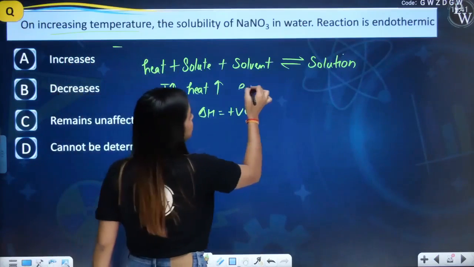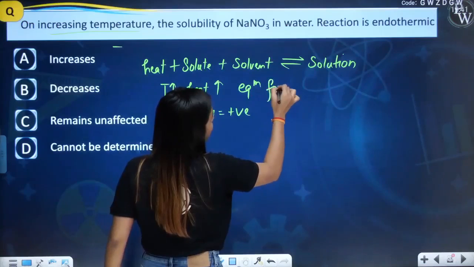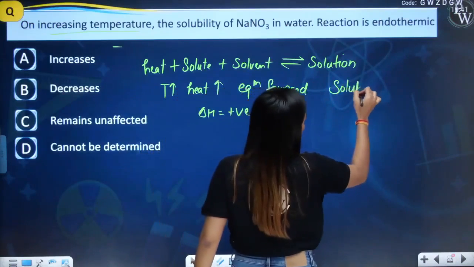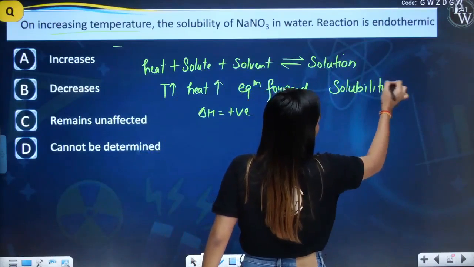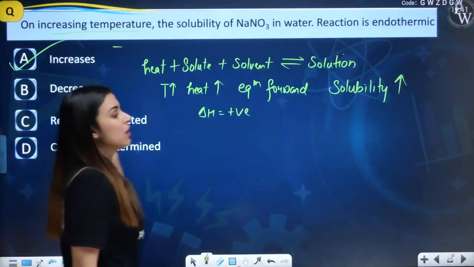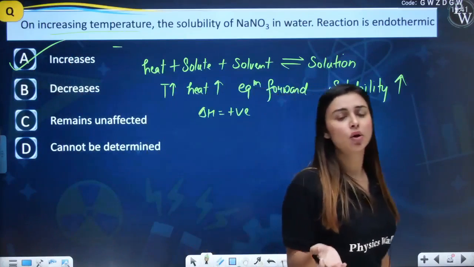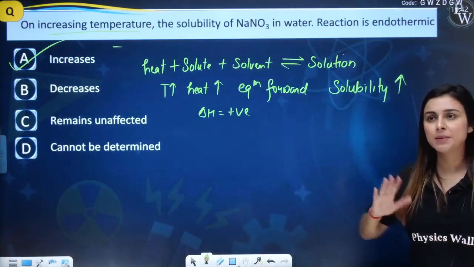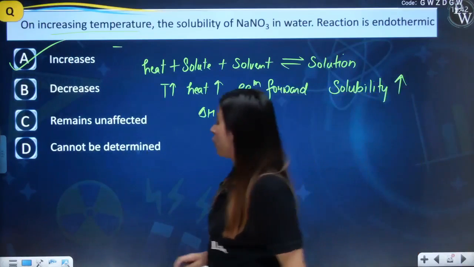If the equilibrium moves forward, then solubility increases. So your solubility increases, and option A will be your correct answer. I hope you're clear with this concept. Perfect. Now let's move forward, my dear students.